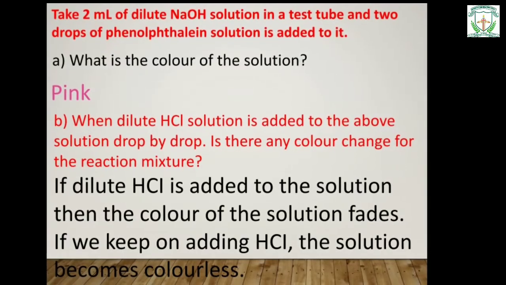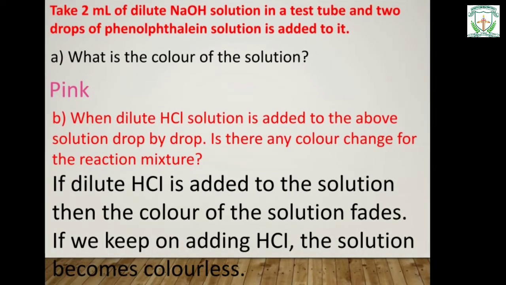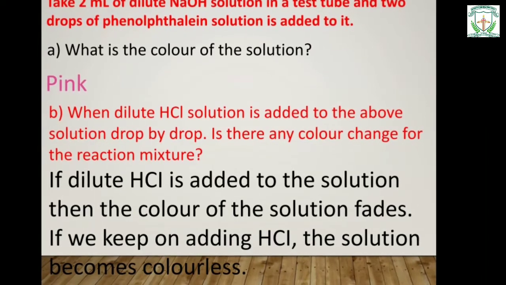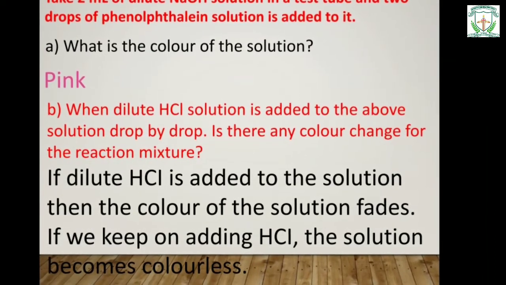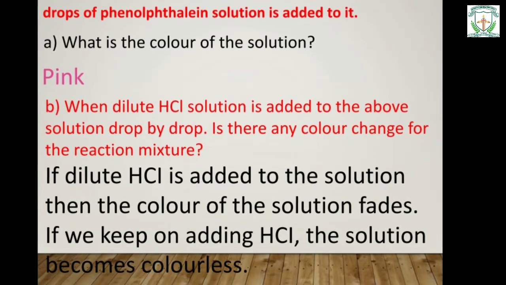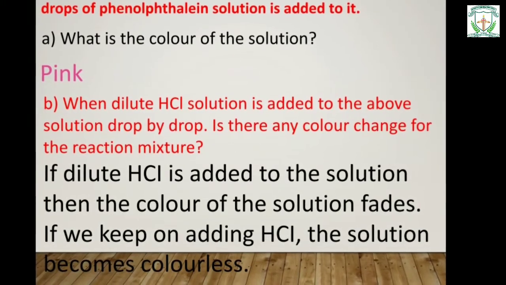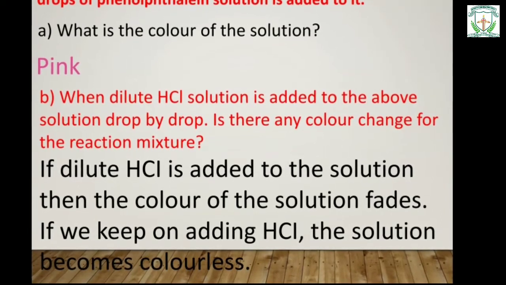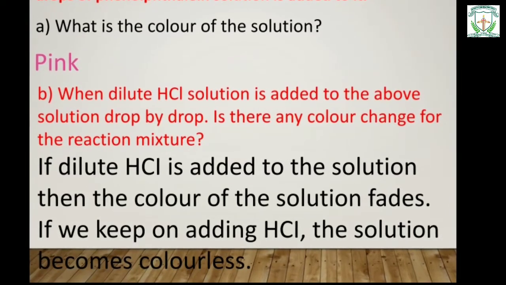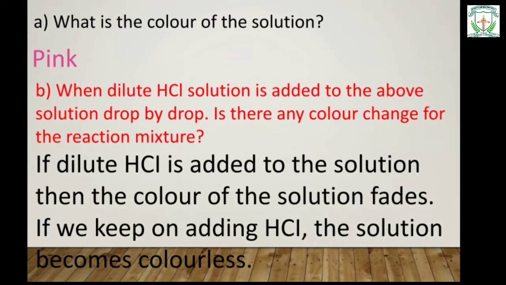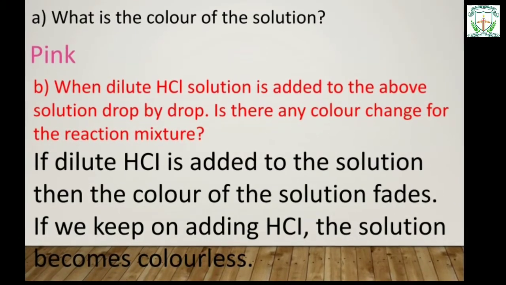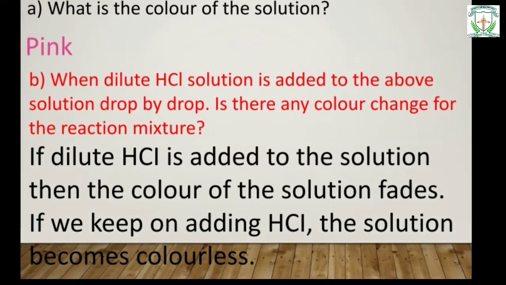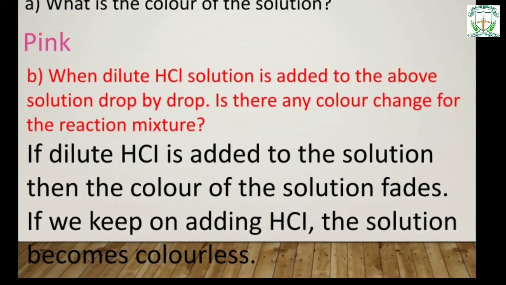In this experiment, when phenolphthalein solution is added to sodium hydroxide, what is the color of the solution? The color is pink. When dilute hydrochloric acid is added drop by drop, the color of the solution fades.